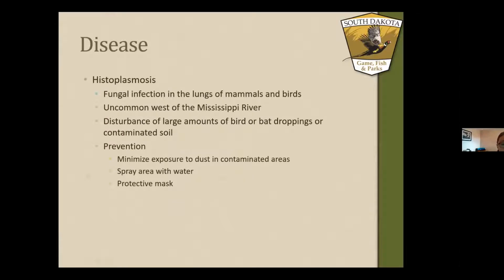Histoplasmosis, that's a fungal infection of the lungs of mammals and birds. You don't hear so much about it in South Dakota. It's fairly uncommon west of the Mississippi. We just don't have the moisture or the humidity levels that histoplasmosis likes.